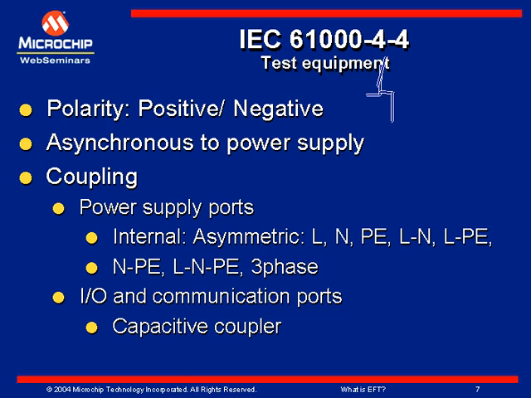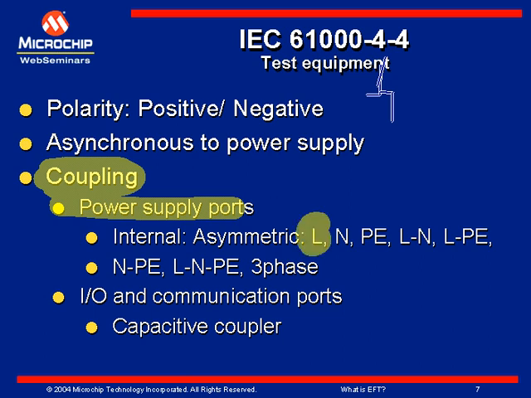Now for testing purposes, there may be various coupling modes, because in the real world you cannot guarantee that you will only have noise on line or neutral or on earth. So for that purpose there are various coupling modes. For power supply testing, you may have line, neutral, or power earth, or a combination of all these three.